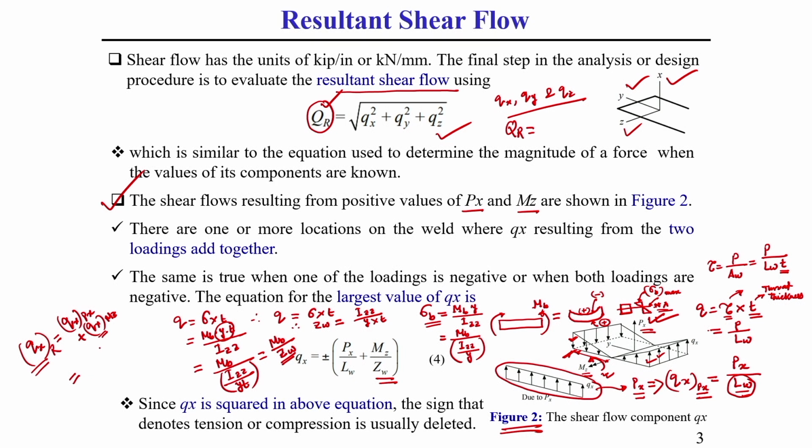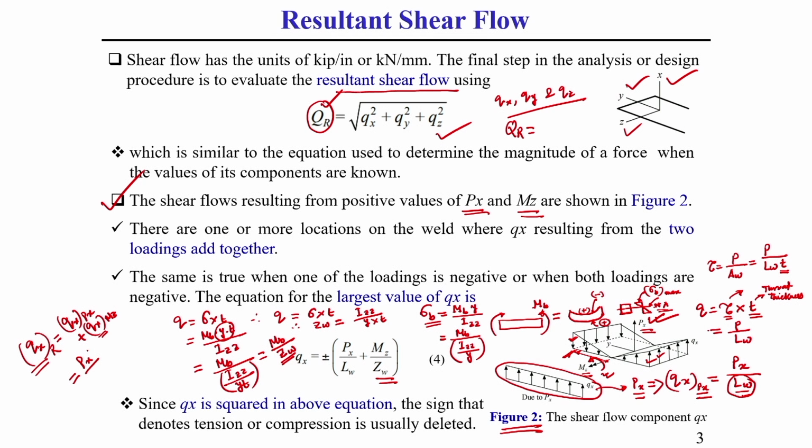When you add these two effects together, it should give you the maximum shear flow. This you should keep in mind. So, we should choose that location where you get maximum shear flow. Here, we consider Px and Mz both positive, so Qx due to Px will be positive.